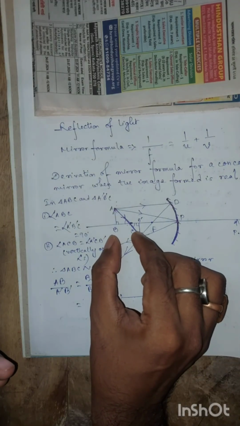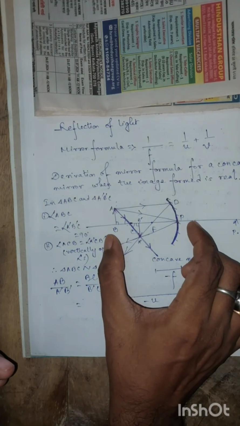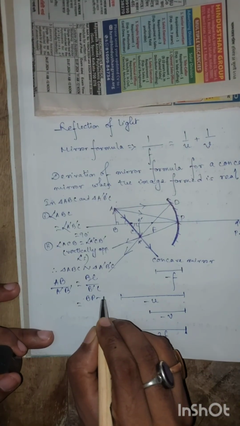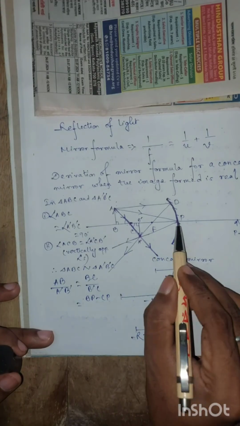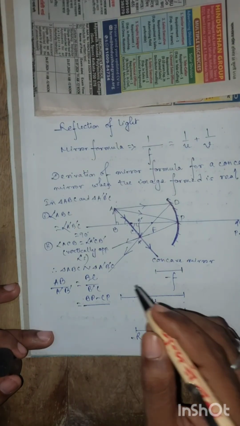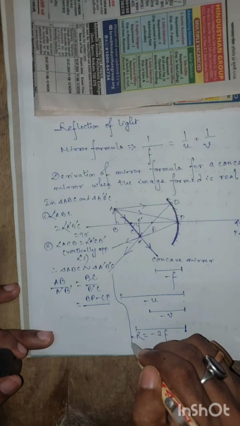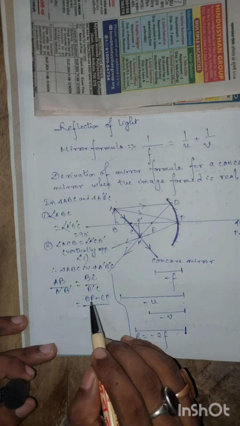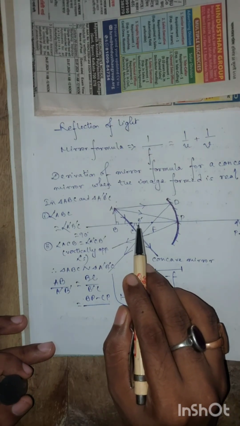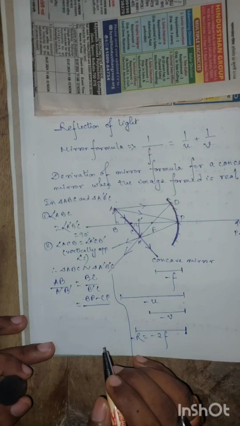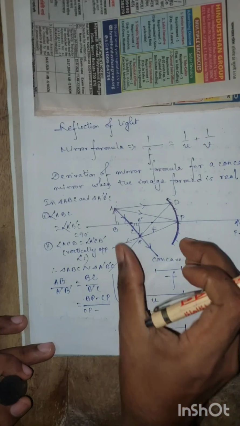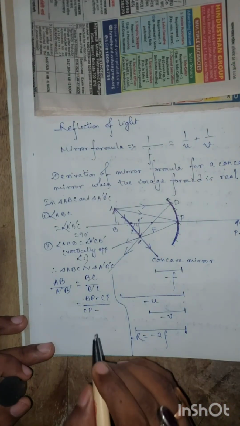So we can write BP minus CP, and B dashed C can be written as CP minus B dashed P.